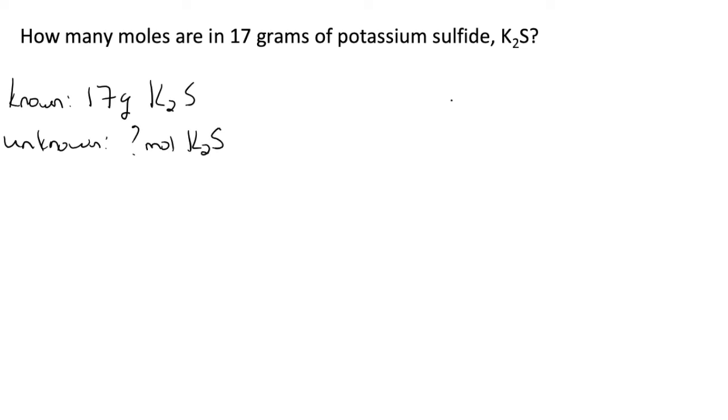Now we need to determine our molar mass. We have potassium and we have sulfide. We have two potassiums and one sulfide. Potassium has a molar mass of 39.098 and sulfur has a mass of 32.06.